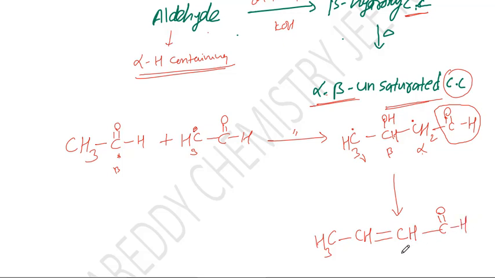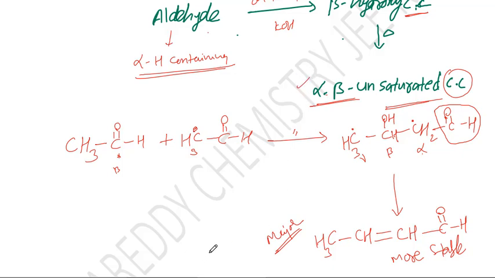The first reason is the more substituted alkene according to the Markovnikov rule. As well, here there is conjugation: pi bond, single bond, pi bond. That's why it is more stable, so the major compound is this one. Alpha beta unsaturated carbonyl compound is forming.